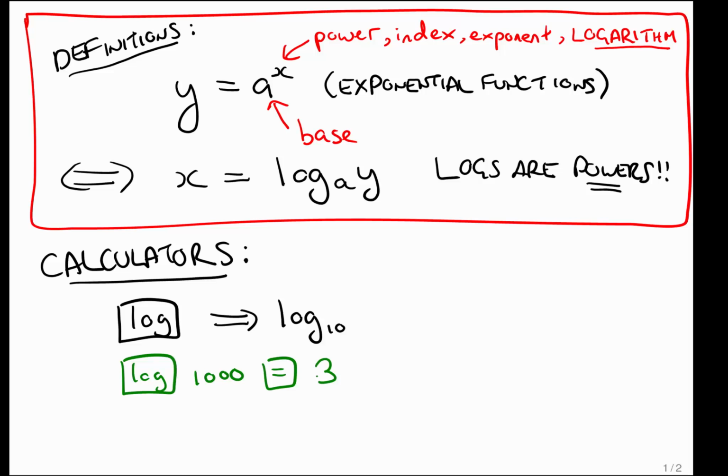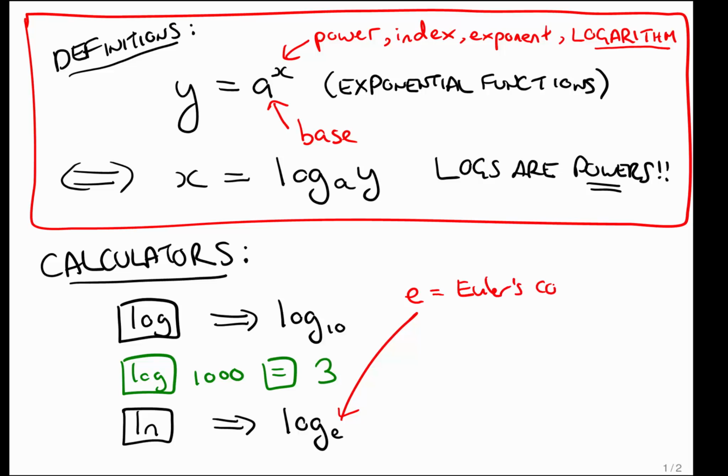There is another button next to the log button that says ln. This button calculates logs to a very special base, log to the base e. Now in mathematics, the pronumeral e is called Euler's constant, which is an irrational number that's roughly equal to 2.71.